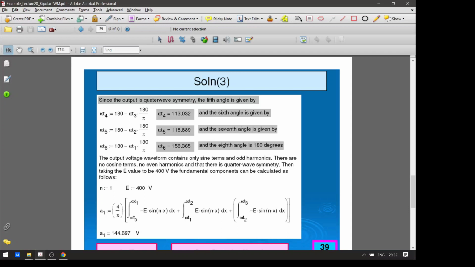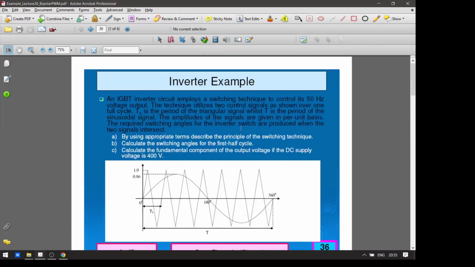Next, the question asks you to calculate the fundamental component when the DC supply is 400 volts. So what is a fundamental component? Again, when the question talks about the fundamental component, that actually refers to the harmonic spectrum.